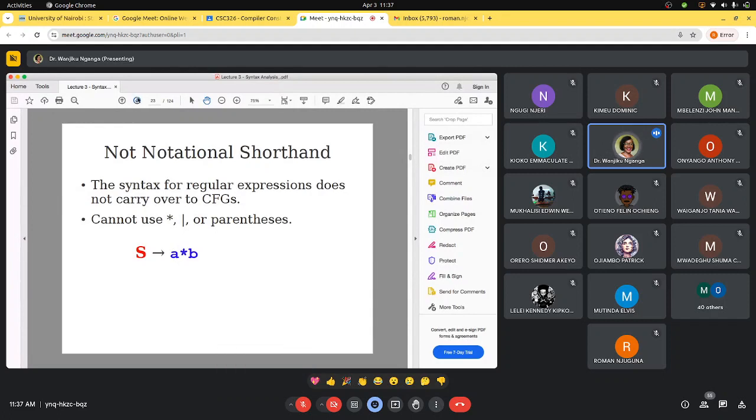So here we have S goes to non-terminal A, and then a final B, and then I would have another production that tells us how to rewrite A into A star. So the recursion happens by creating a non-terminal and showing how you build onto it, as opposed to using the Kleene star operator.